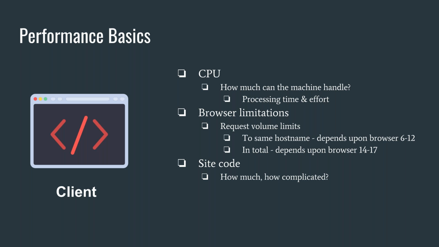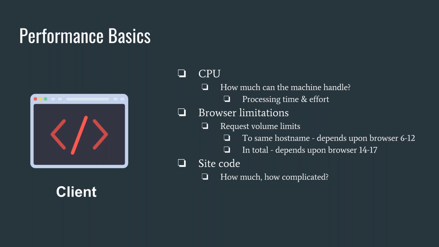Let's say you have 15 individual Google Analytics properties configured on there. Each one is going to want to be sending its own request to its own property, just so that each property can collect that information. A browser at one time is not going to be able to handle all of those requests simultaneously, because to the same host name, it's between 6 and 12.